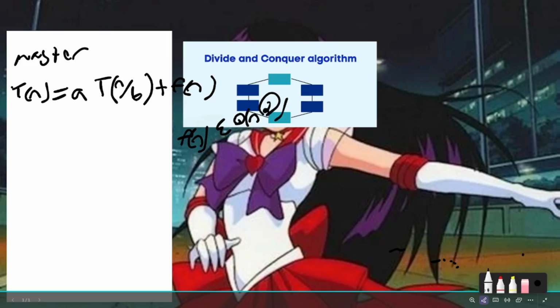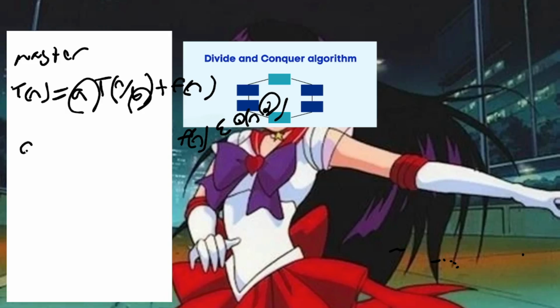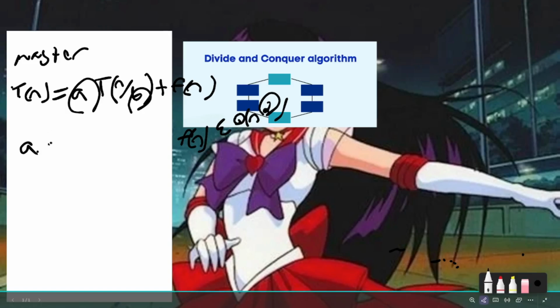So you have 3 variables, d, I don't think you can see it, b, and a. So we have a master theorem that states basically, if a is less than b to the d, your algorithm efficiency is going to be big O of n to the d.